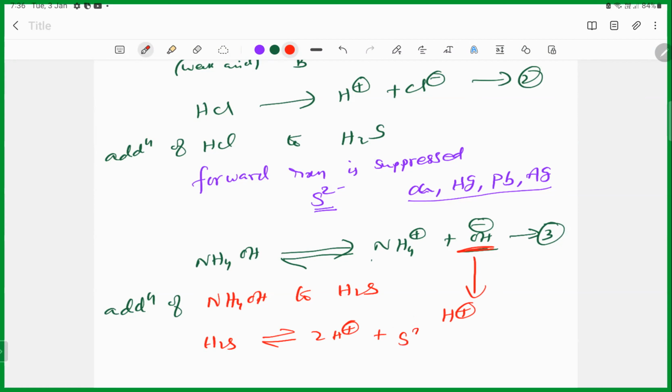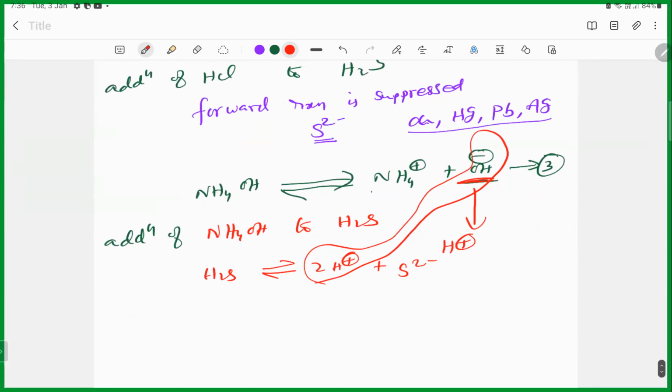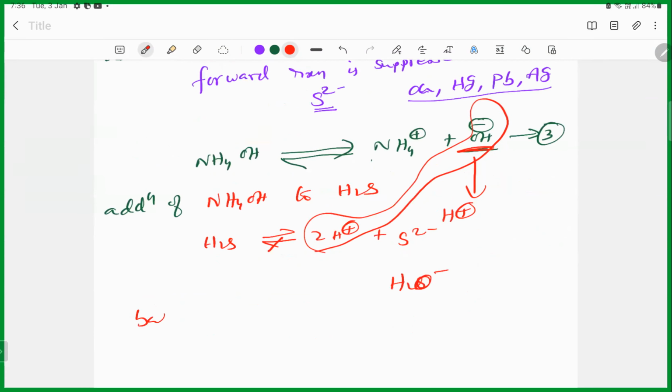This H plus will take the OH minus and form water. Now what will happen? The backward reaction is suppressed due to addition of ammonium hydroxide. It will form water.